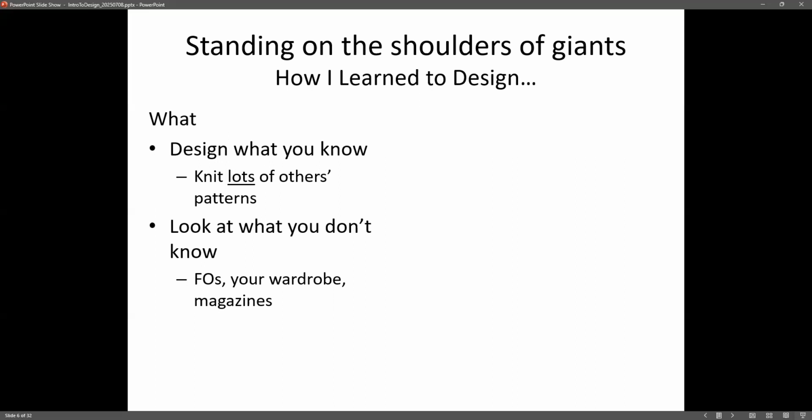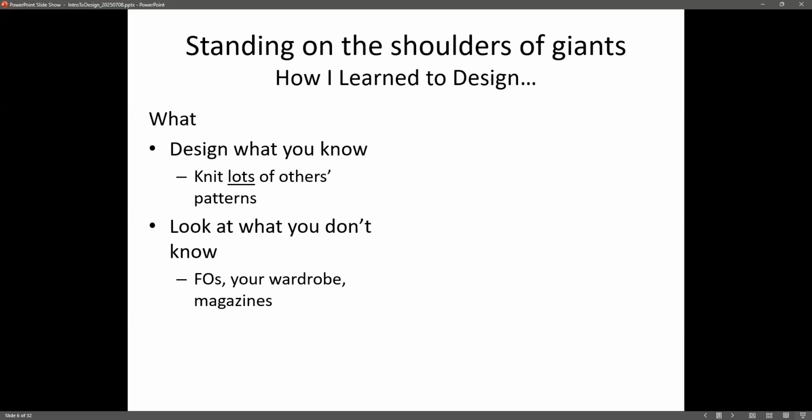And again, this is going to sound like an obvious statement, but if you've not knitted a bunch of garments, and I mean this with great love and respect, you're not equipped yet to design a garment. There's a lot that you need to know because there's a lot that goes into these things.